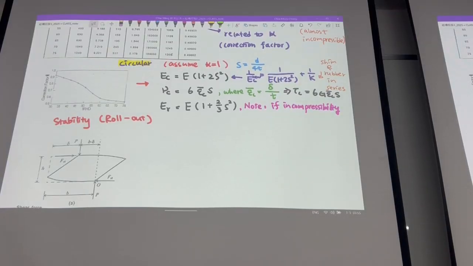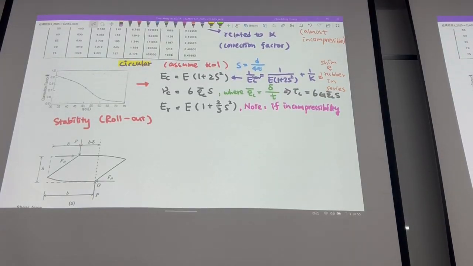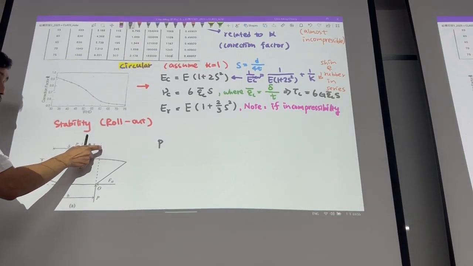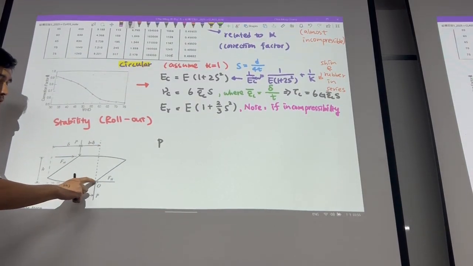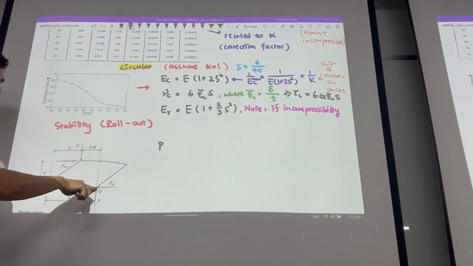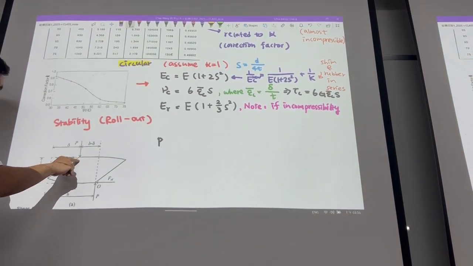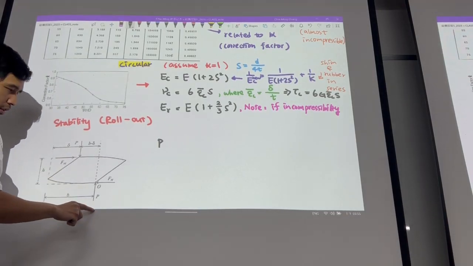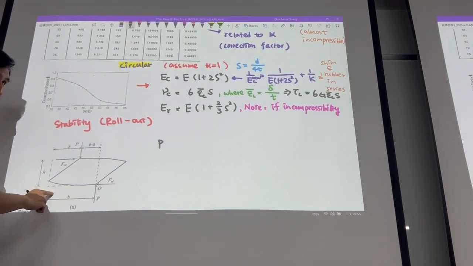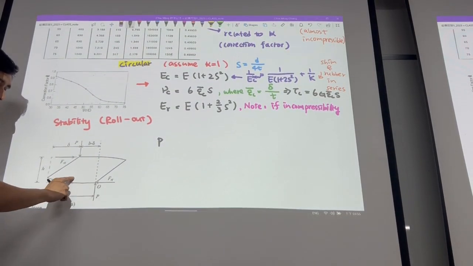So the idea is that P times this arm, if the rotational center we consider is here, okay? So this force will be doing the counterclockwise moment about this point.